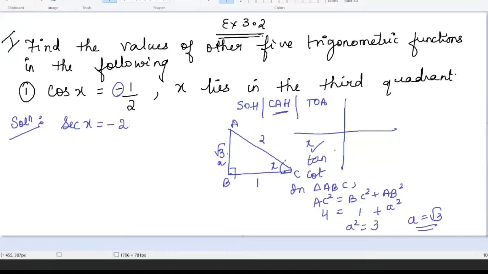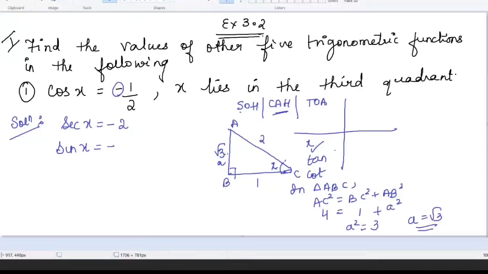So 1 is over. Now let us go to sine. What is sine telling us? Opposite by hypotenuse. So sine x. Is sine positive in the third quadrant? No. Sine is also not positive, so sine is negative. Write the sign first. Opposite by hypotenuse. What is the opposite?